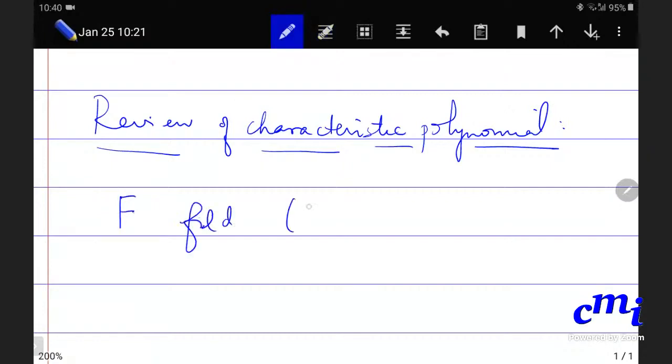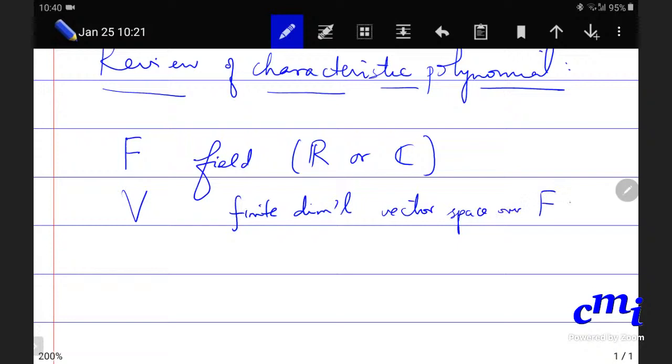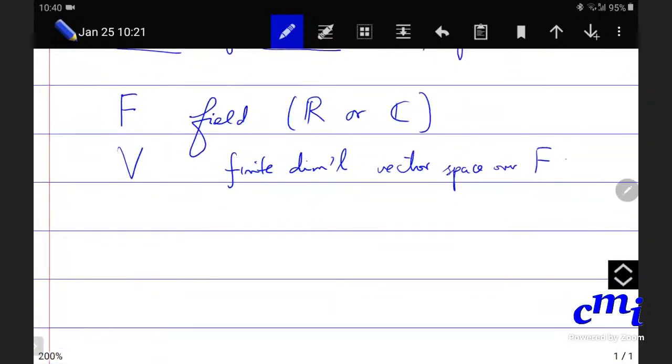Typically it is the reals or complex numbers. And V is a finite dimensional vector space over F. I hope that you are now familiar with that.